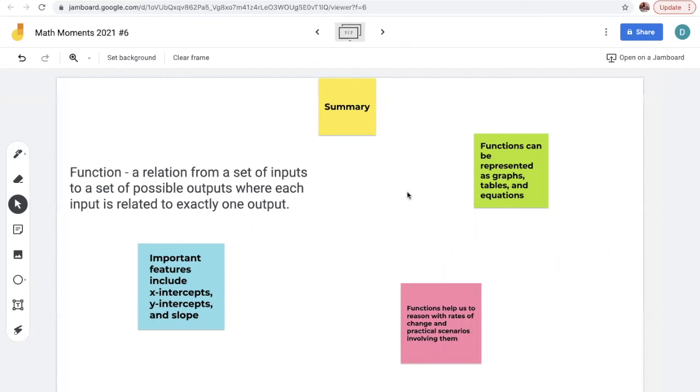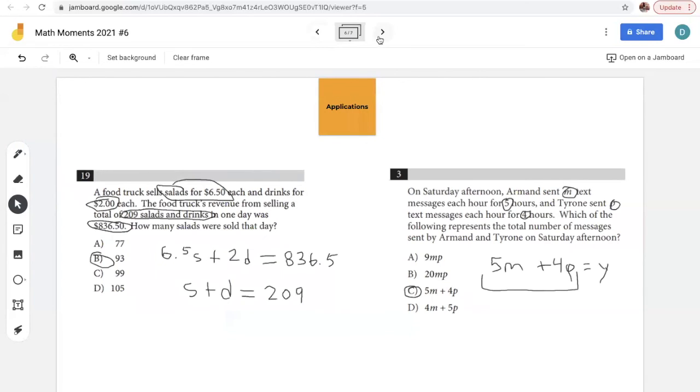I cannot stress that enough. Each input has one output. Otherwise, it would not be a function. Functions are represented by graphs, tables, and equations. Some important features include the x-intercepts, the y-intercepts, and the slope. And functions help us to reason with rates of change and practical scenarios that involve them. That's more referring to what we just did with these applications here.